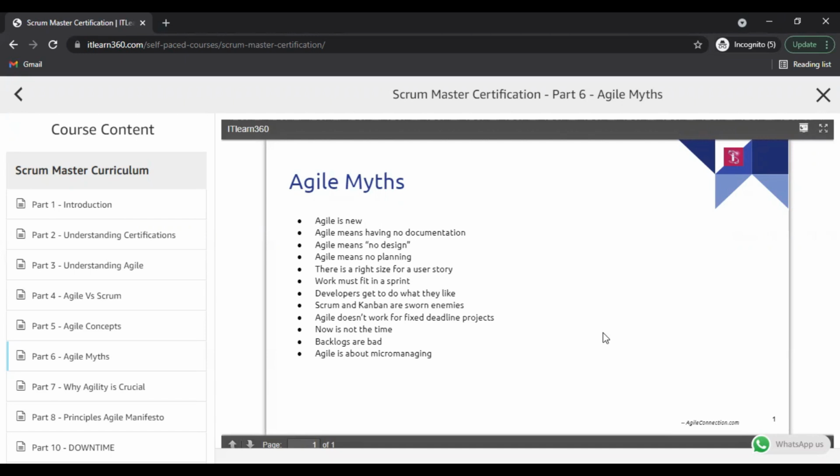Another agile myth is that there is a right size for a user story. Honestly, a user story can always be modified by a later one, especially when new information or feedback is acquired. That's a huge advantage of Scrum development. It is iterative and incremental, so you can make adjustments as quickly as in your next 2 week sprint.